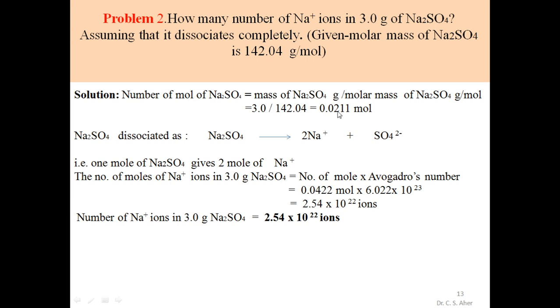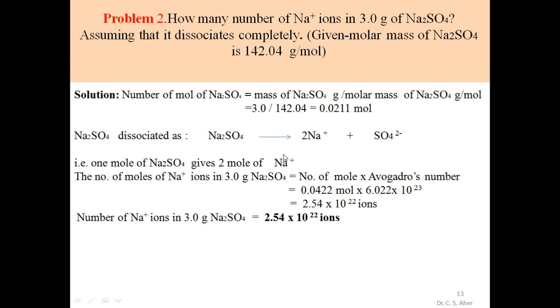Double that, 2 into the moles of sodium sulfate. So 1 mole of sodium sulfate gives 2 moles of sodium ion, and thus the number of moles of sodium ion in 3 gram of sodium sulfate is equal to 2 into the number of moles of sodium sulfate, that gives 0.0422 moles.